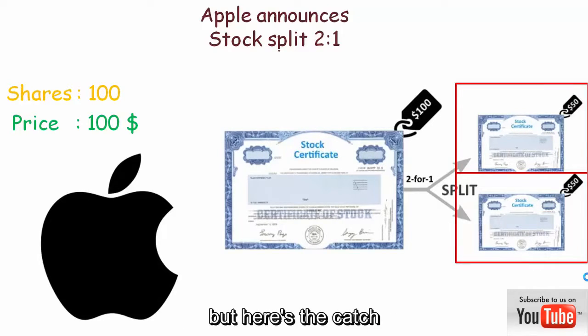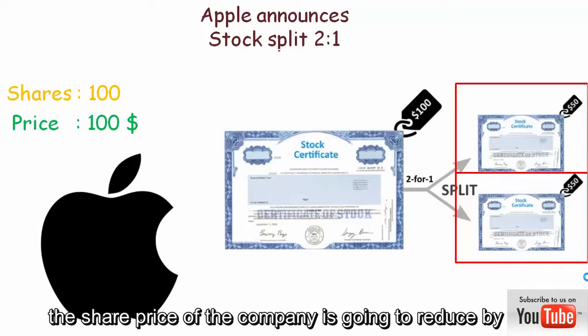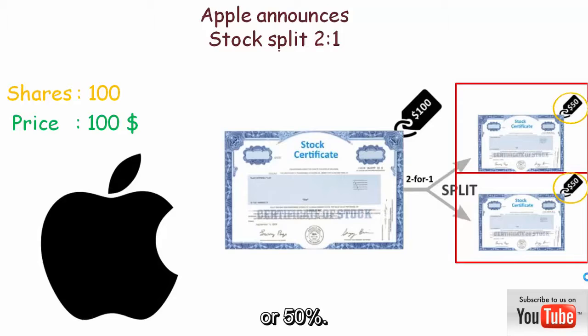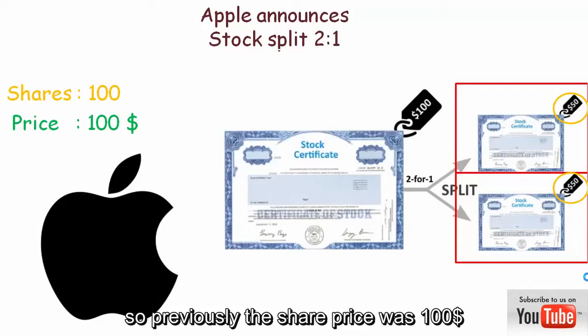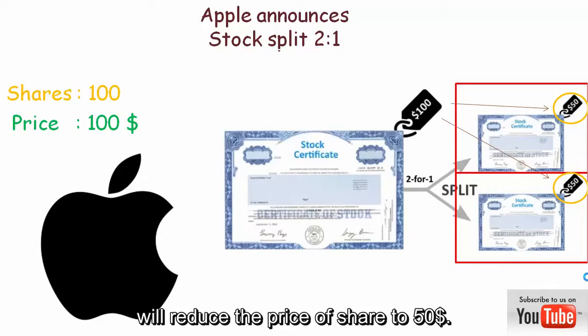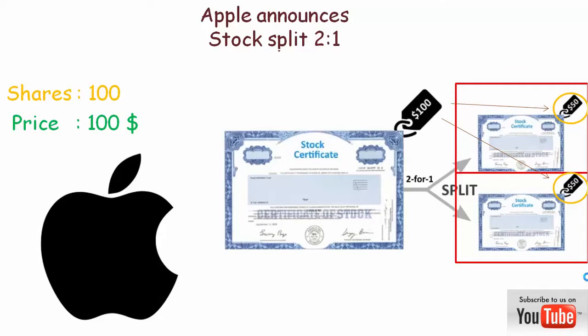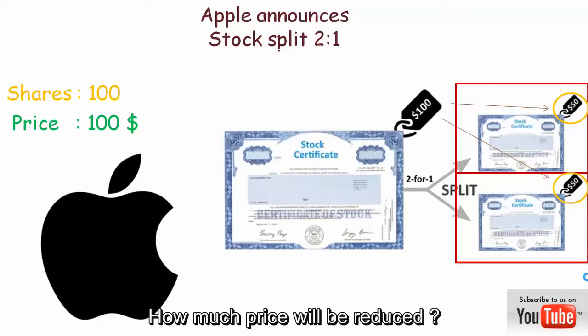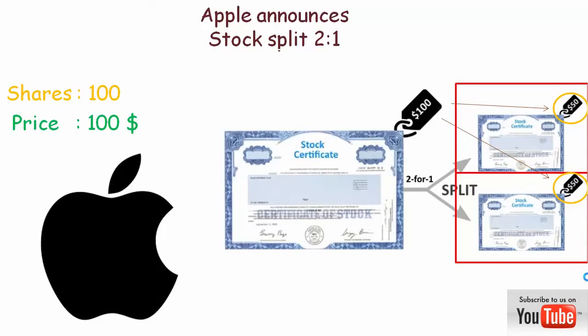But here's the catch. The share price of the company is going to reduce by half or 50%. So previously the share price was $100, but now reducing the price by half will reduce the price of a share to $50. Now, how to determine how much the price will be reduced?